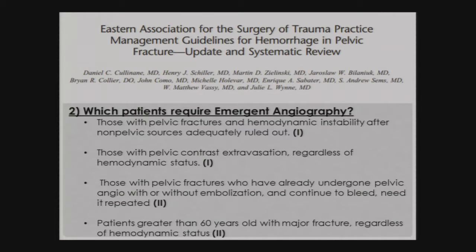Those with pelvic fractures and hemodynamic instability, after non-pelvic sources are adequately ruled out, should go for angiography, which is different than spleen and liver, where patients usually do not go for angiography. Those with pelvic contrast extravasation, regardless of hemodynamic status, require emergent angiography.